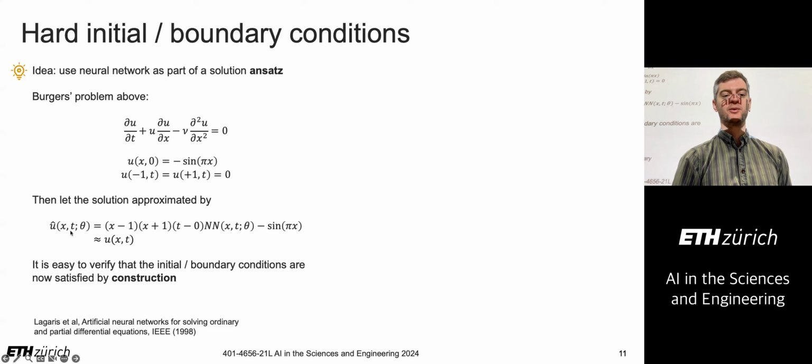So then u at t equals 0 is exactly sine pi x. So we don't have to use a boundary term here. Same with these two constraints. So if I set x equals minus 1 here, that zeroes out this term, but also sine at x equals minus 1 is also 0. And so that also satisfies this.